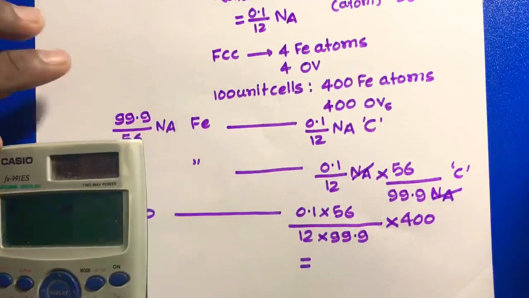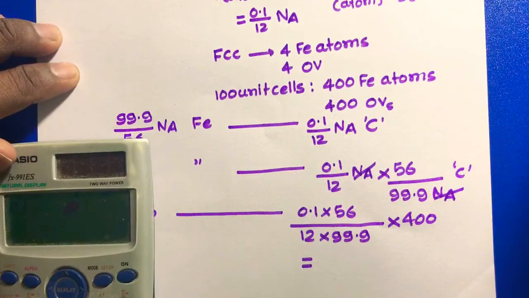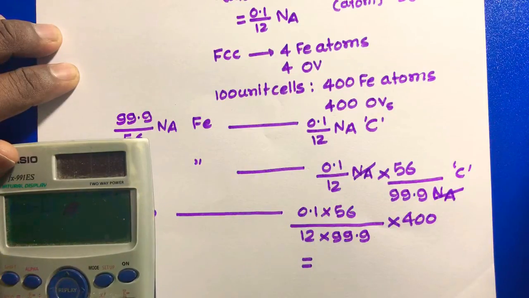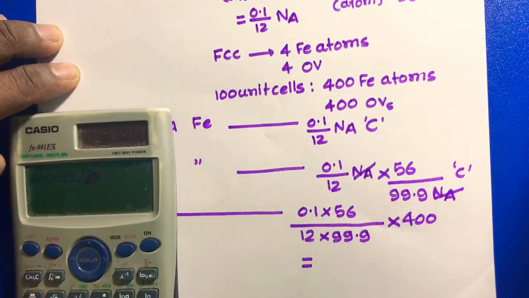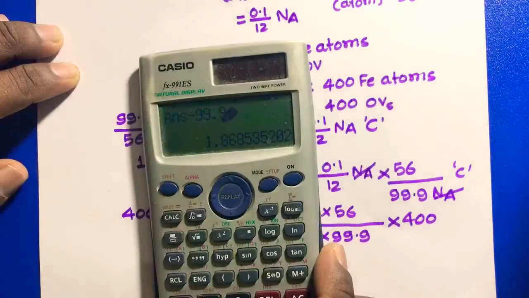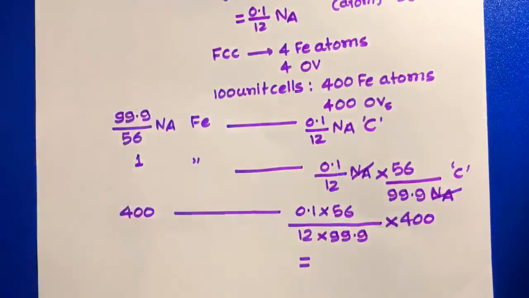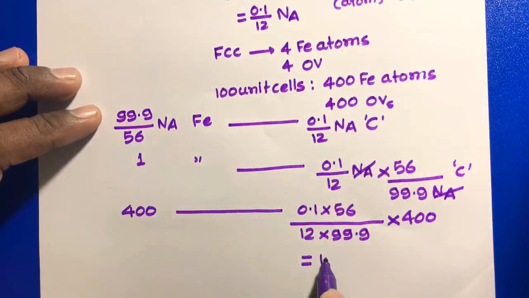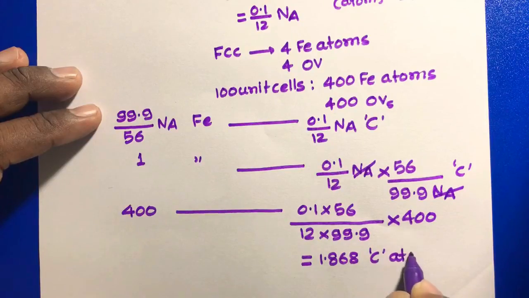And if we solve it, that is very simple here. 0.1 into 56 into 400, divided by 12, divided by 99.9, and we will get 1.868 carbon atoms.